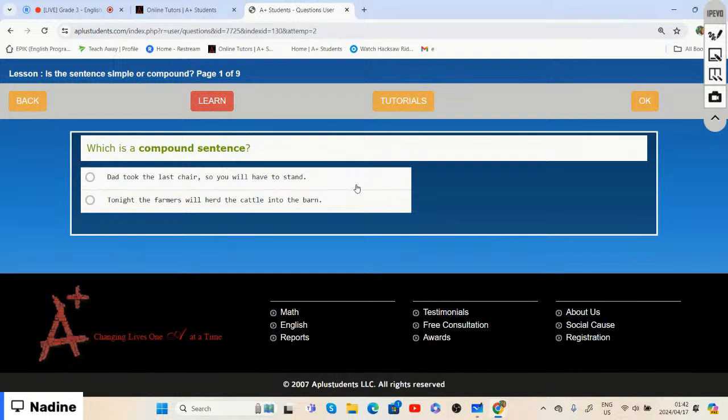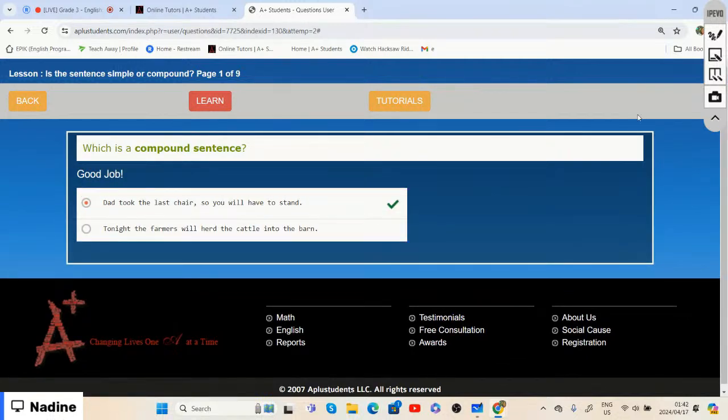If we were to choose the compound sentence, then we will choose the first one, because we said a compound sentence has two simple sentences and it's joined by a comma as well as a conjunction. So it's the first option.